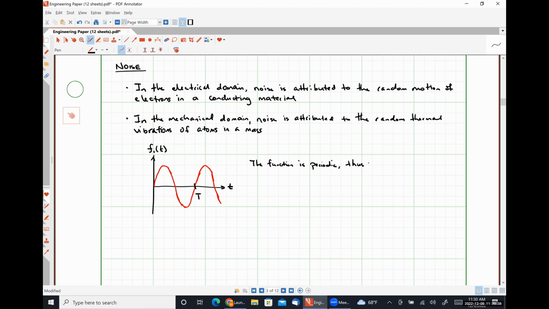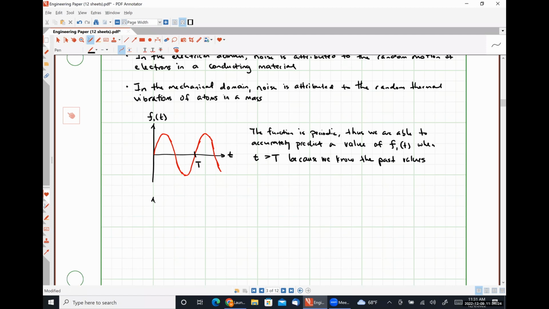And from this, we are able to accurately predict a value of f1 of t when our time, lowercase t, is some value larger than our period, because we know the past values.